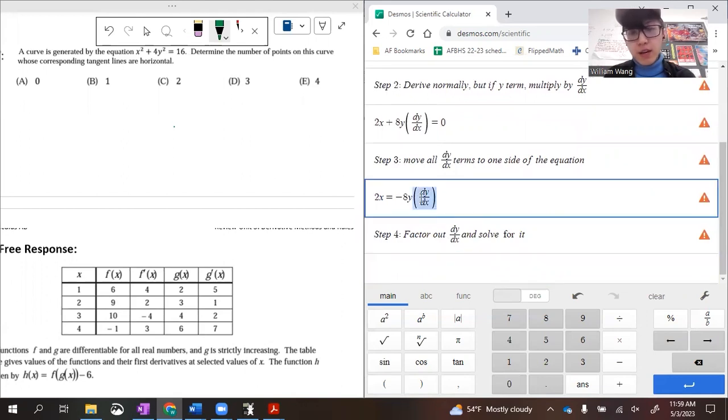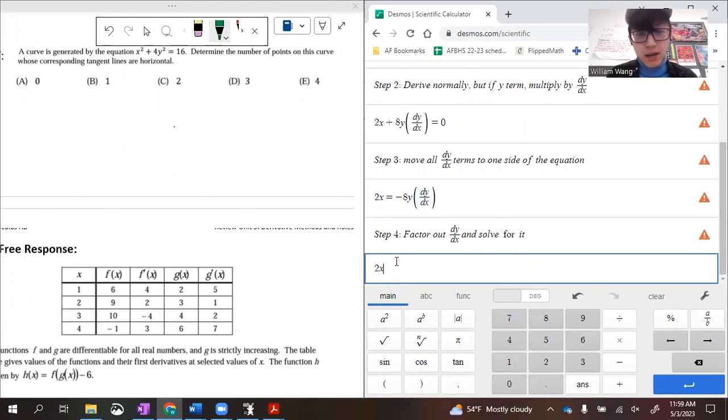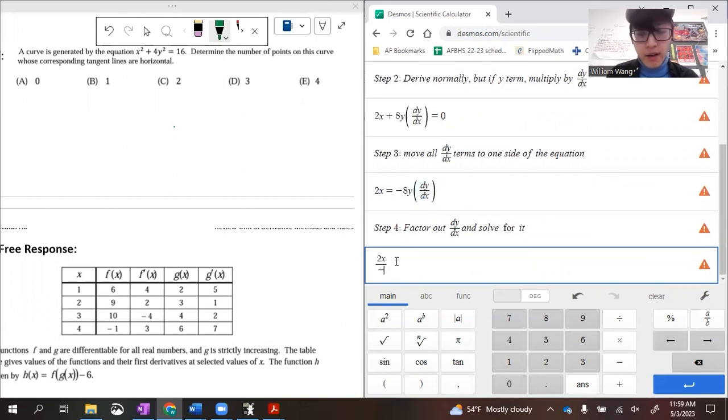So when I solve for dy over dx, it's going to be 2x divided by negative 8y is equal to dy over dx, because I divided both sides by negative 8y. 2 divided by negative 8 is the same thing as negative 1 over 4. So it's negative x over 4y, right, is equal to dy over dx.